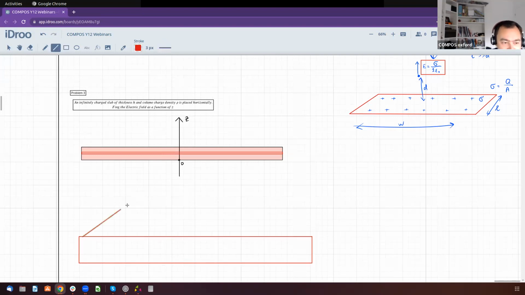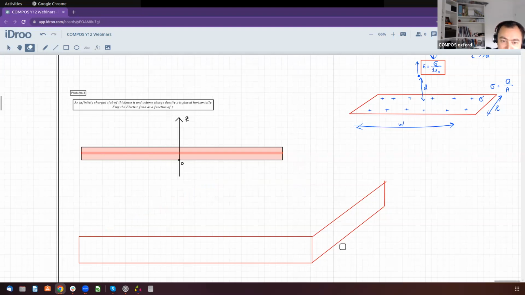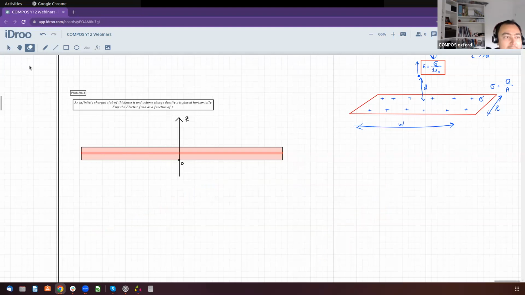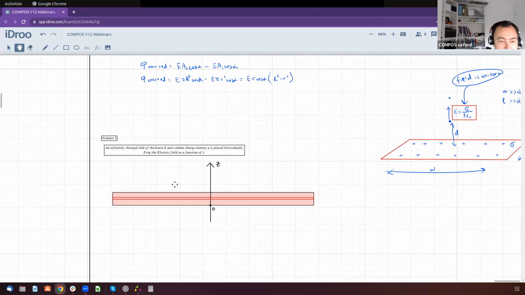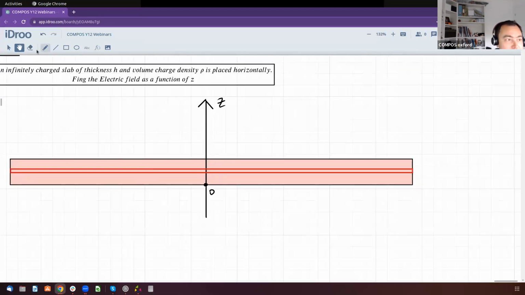The slab is infinite, like this, like this, like this. And this is the cross-sectional view. This is a view from the side. This is the side view. And so we take a small piece, a small slice, a very thin slice of width d or dz.